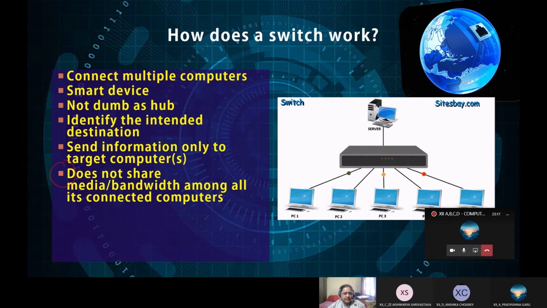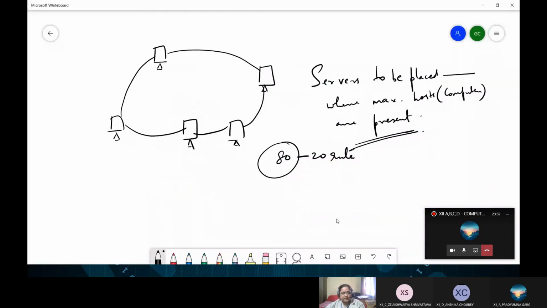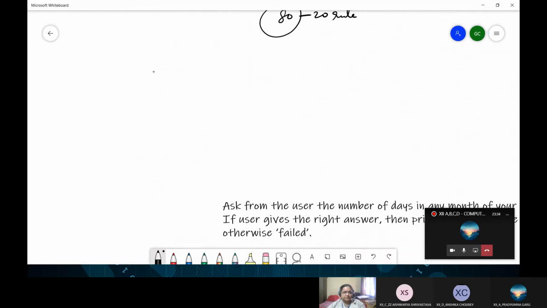So sharing of bandwidth is not done. No unnecessary traffic is generated, and it can send and receive information at the same time, because it is a full duplex device. So let me explain this thing to you now.